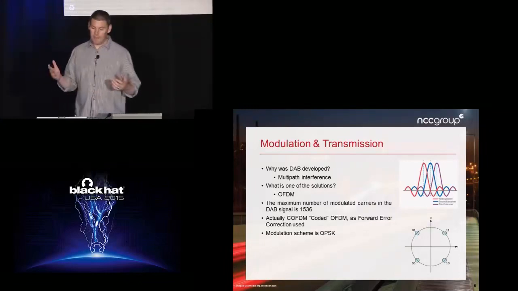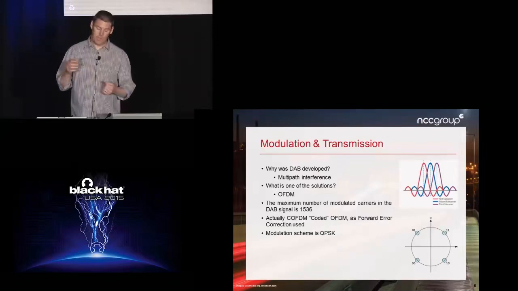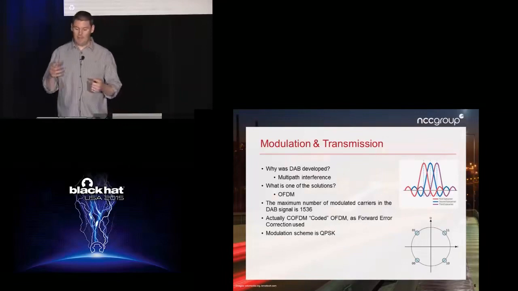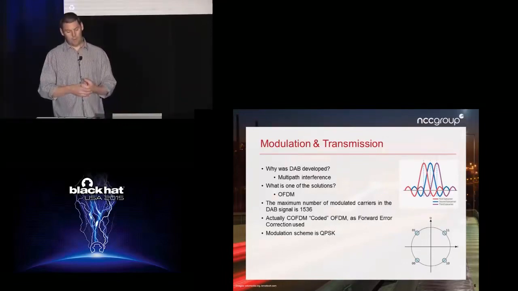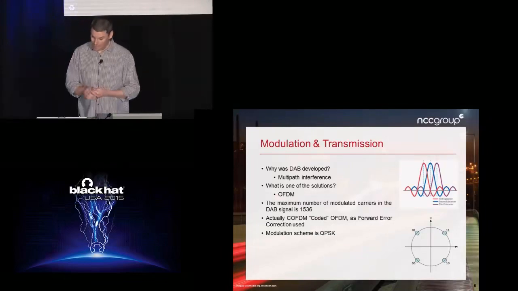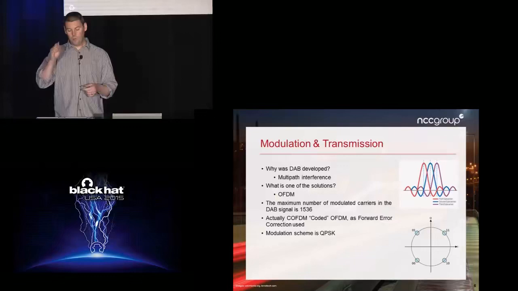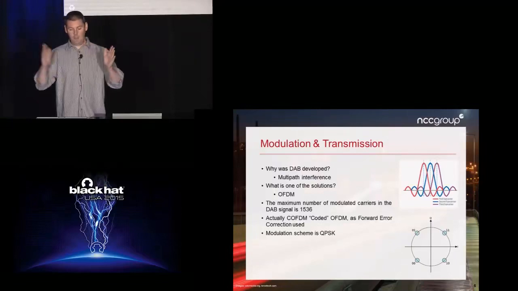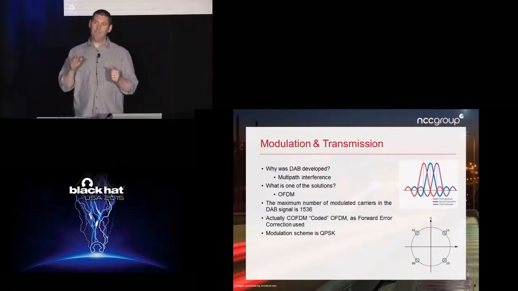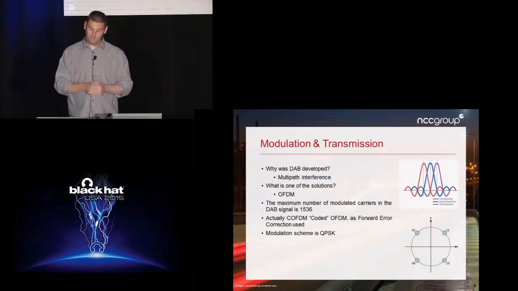And DAB, in order to cope with this interference, uses a technique known as orthogonal frequency division multiplexing, OFDM. So essentially what you do is you have a whole range of carriers, in fact just over 1,500 carriers, which are all spaced very closely within the bandwidth. And each of those carriers sends a very small data rate.